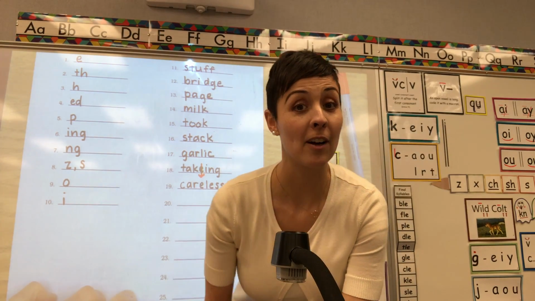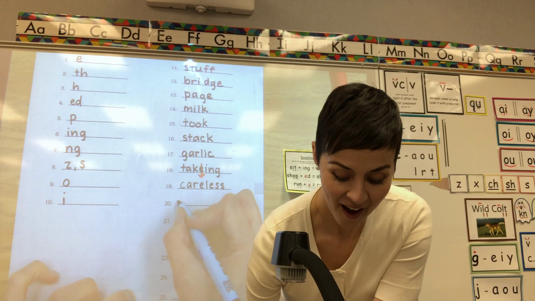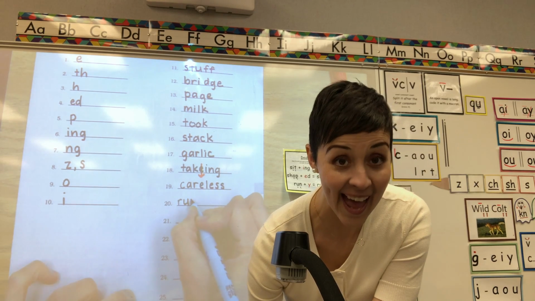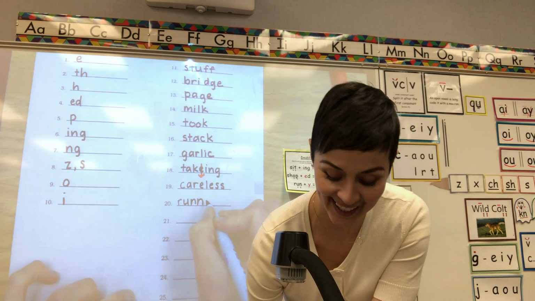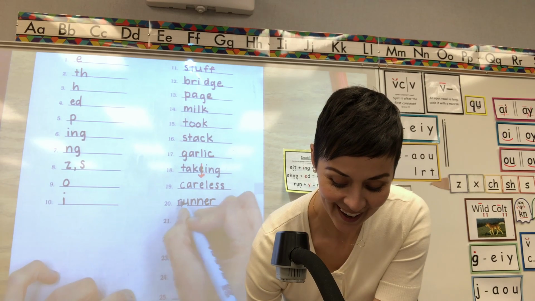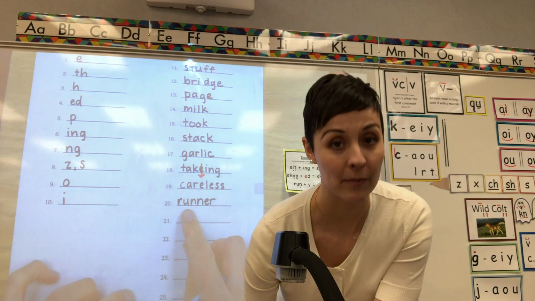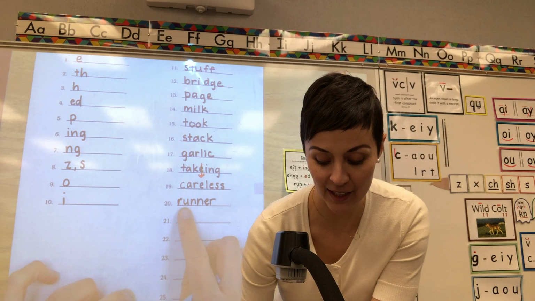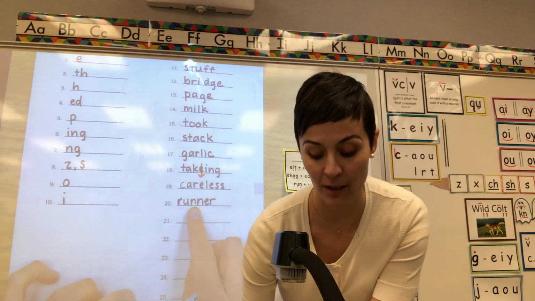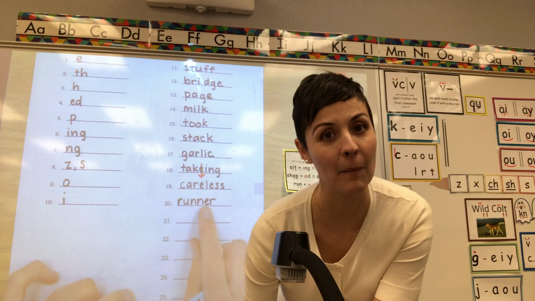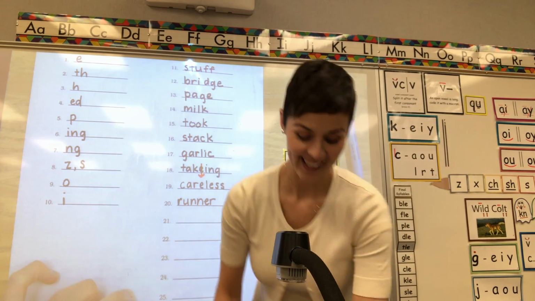Will you spell runner starting R? Ready? R-U-N-N-E-R. I hope you noticed that was the doubling rule because the root word ended in a vowel U, consonant N in front of vowel suffix er. That was a tricky one.